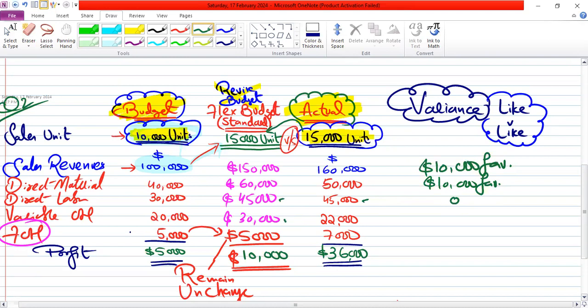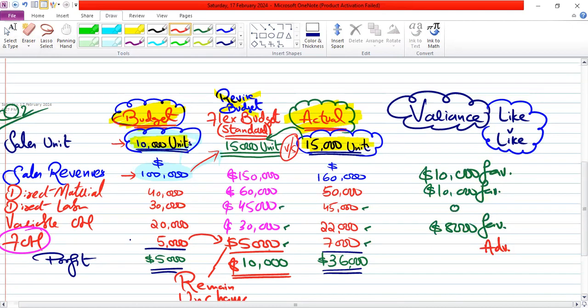Variable overhead, as per the flex budget, was supposed to be 30, but it is 22. So it's a good thing of 8,000. Fixed cost, budget and flex will always remain the same. Actual is 7,000. So is it good or bad? Good. And the last one, that's bad.